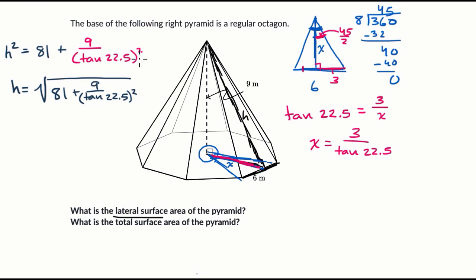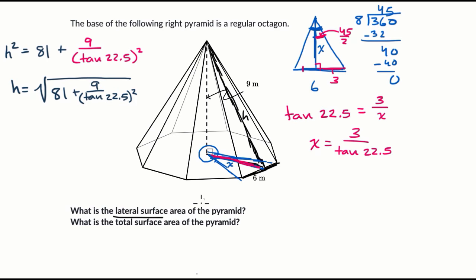Now, why was that useful? Well, if I know the base and the height, and I multiply that times 1/2, I get the area of one of these triangles that's part of the lateral surface area. And if I multiply that by 8, then I'll get all of them. So let's do that.